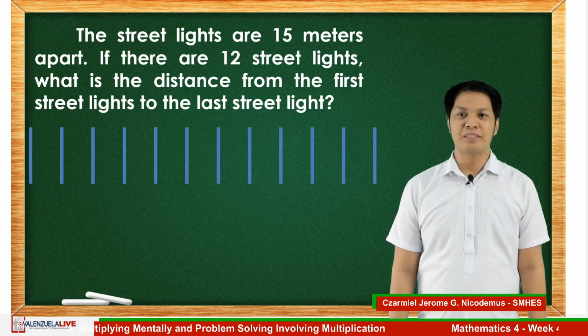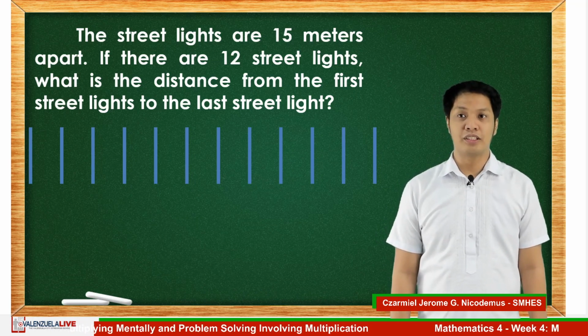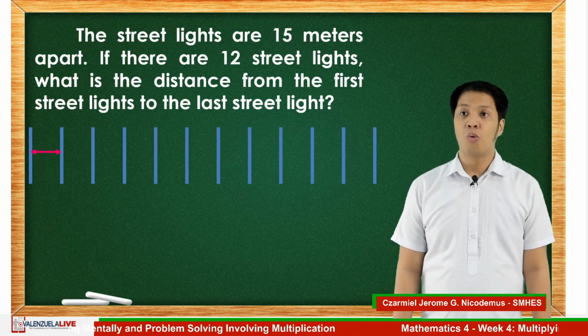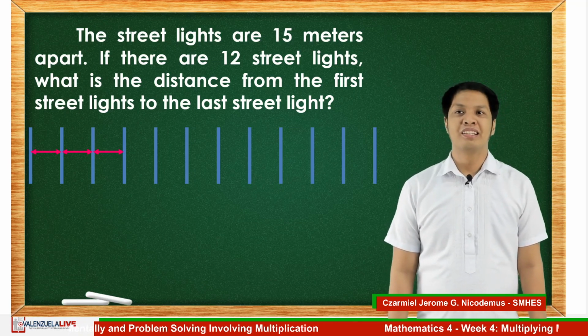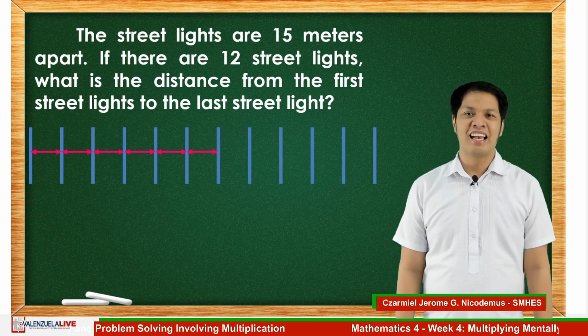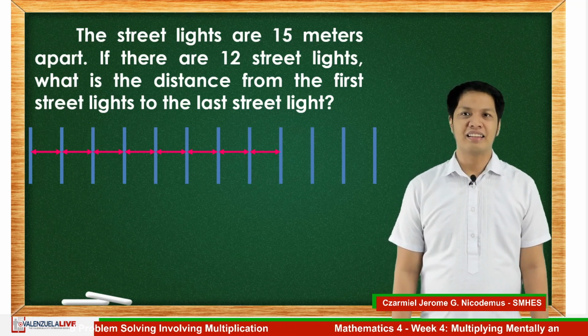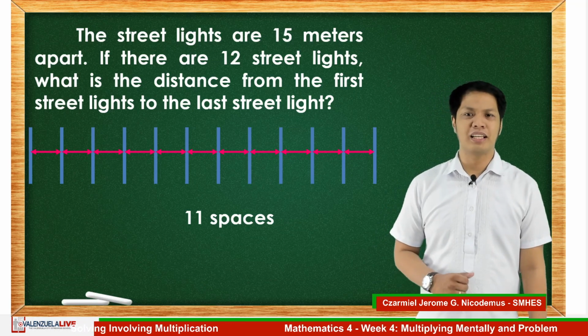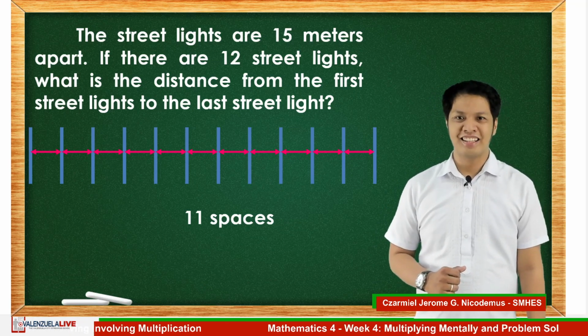Let us count the spaces between the sticks, which represent the spaces between the streetlights. 1, 2, 3, 4, 5, 6, 7, 8, 9, 10, 11. So there are 11 spaces between the streetlights.